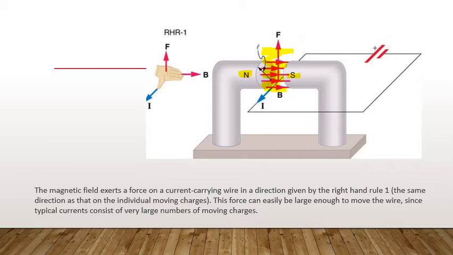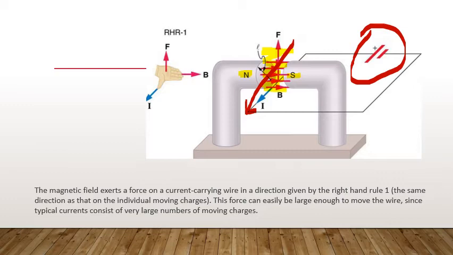Now we place a current carrying wire in between. I am denoting this wire by this line. In this wire a battery is applied. Due to this, current passes through this wire.